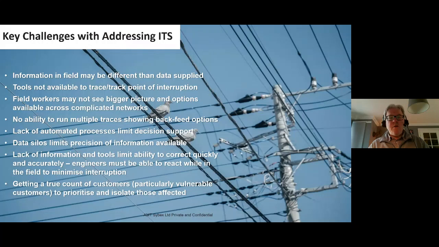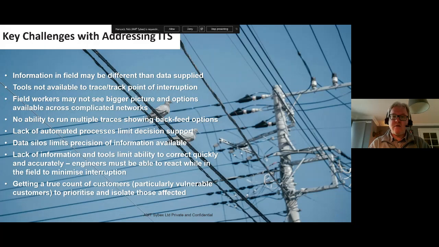So there are a number of issues and challenges in place when trying to address an interruption to supply in the field. And as I said earlier on, the information in the field might be different to what you see on the screen on your map, because the network might be a little bit out of date. There may be issues around access to particular assets to switch them off, because they may be damaged or inoperable.